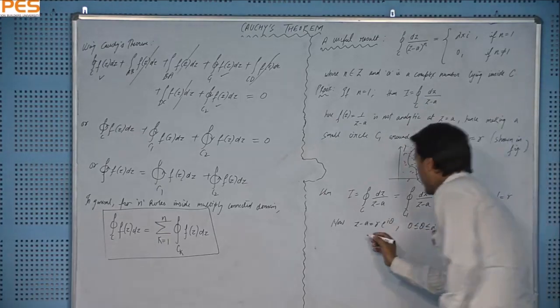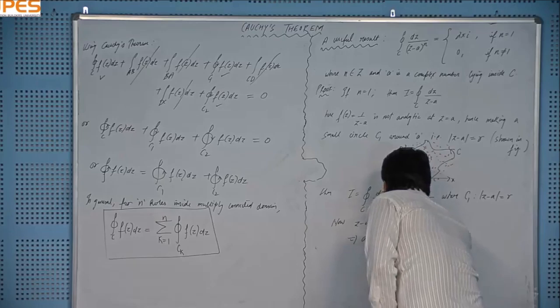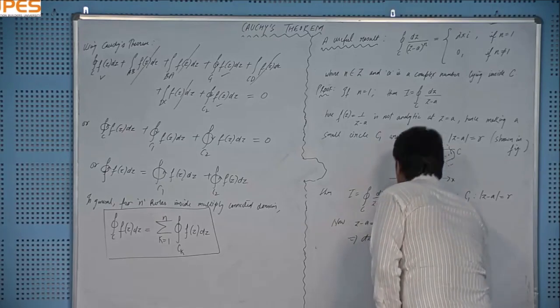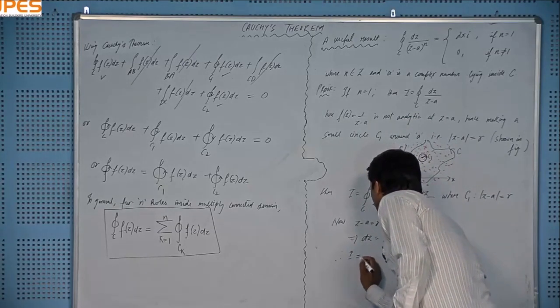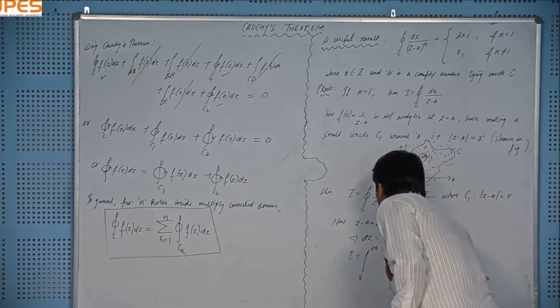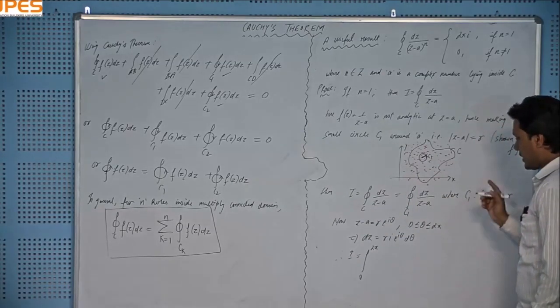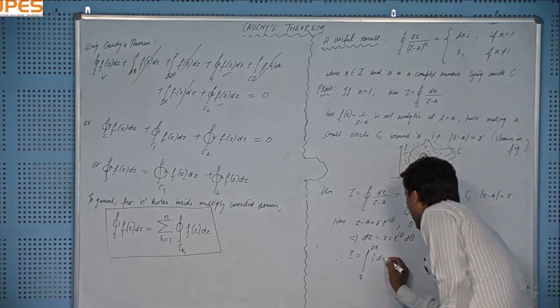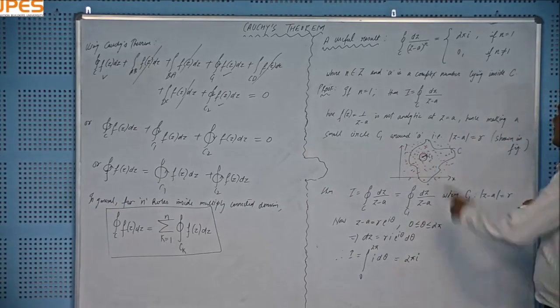Now on differentiating it, I will get dz equal to r i e to the power i theta d theta, right? And plugging these values here, I will be getting integral from 0 to 2 pi, and on plugging these values I will be getting i d theta, and on integration it will give me 2 pi i, right? So this is the proof for this one.